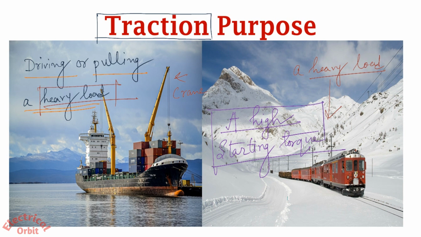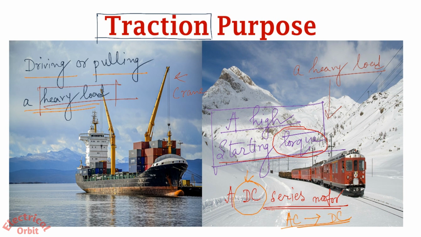If you want to pull a heavy load, then you need to give an initial high torque to get that initial momentum, and that is only possible whenever we are using a DC series motor. So if you are using a DC series motor, then we need DC current. For that, AC must be converted into DC.